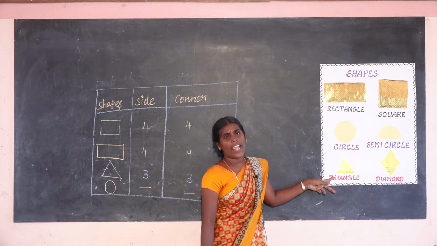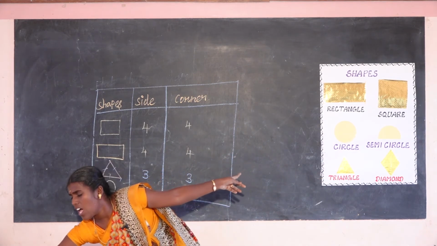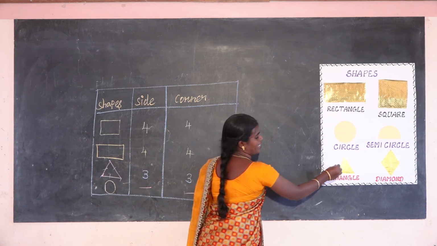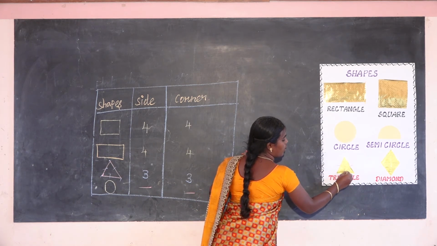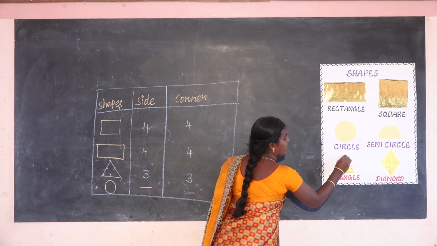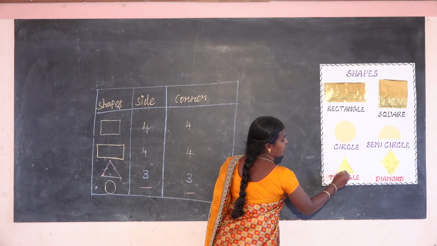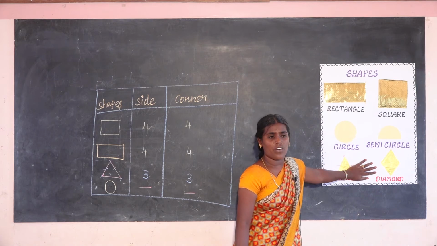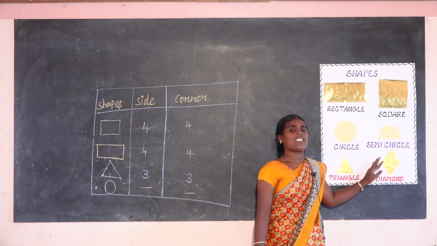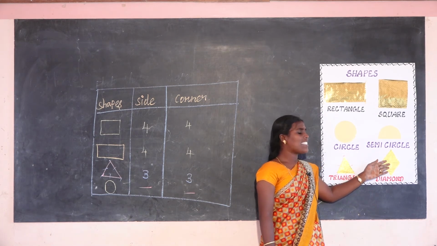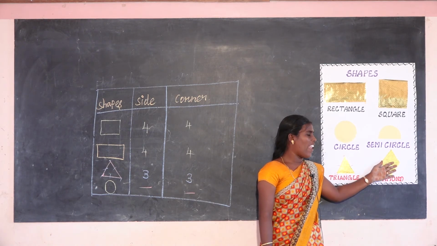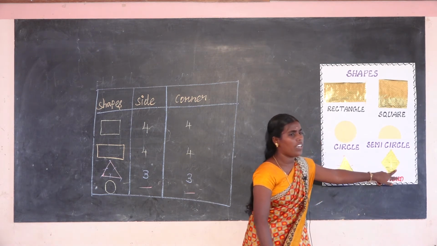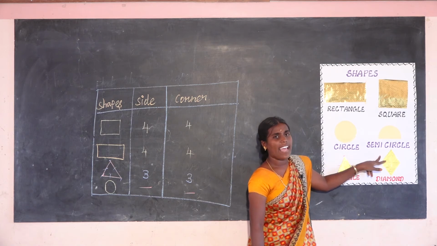Next one is triangle. How many sides does a triangle have? 3 sides. 1, 2, 3. 3 sides. Then 3 corners. Next one is diamond. Does everyone know the diamond? Yes, the diamond is also an example of a flat shape, made using lines only.